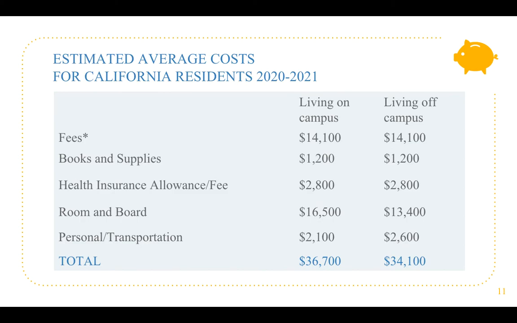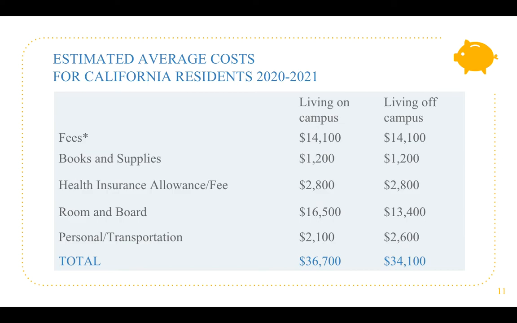The fees would be the same whether you're living on or off campus, same with books and supplies and health insurance, but the variance comes from the cost of room and board, your housing, and also personal expenses and transportation. Living on campus is $36,700, and living off campus is $34,100. Again, that's not the cost of just your tuition, but everything, including housing.